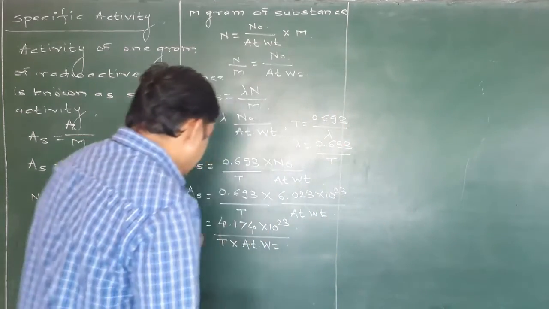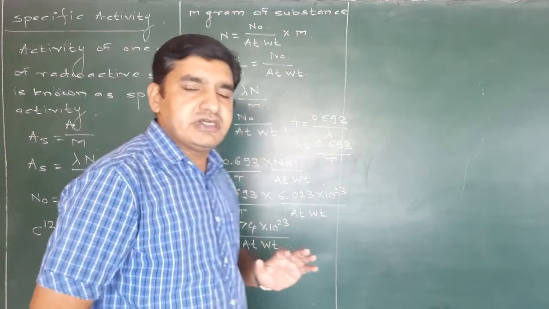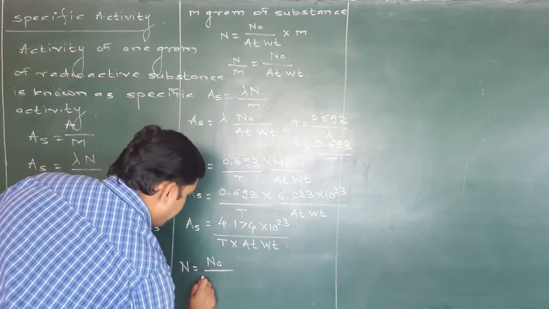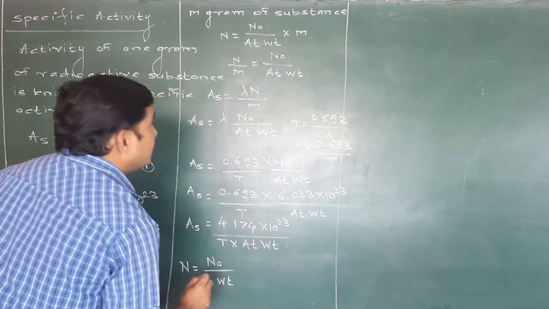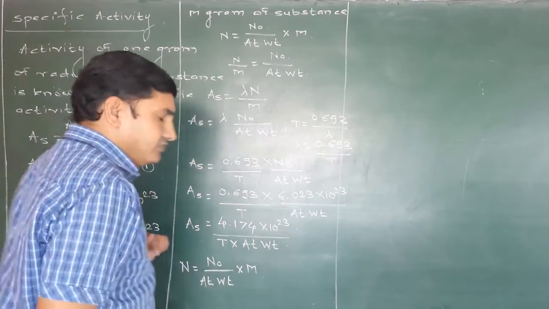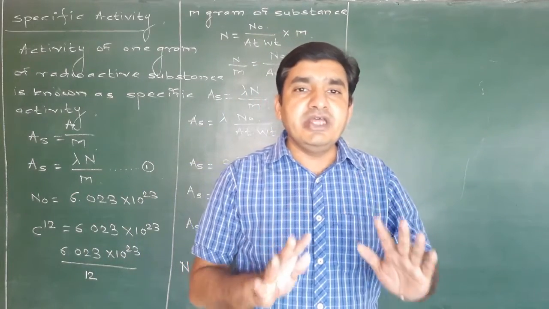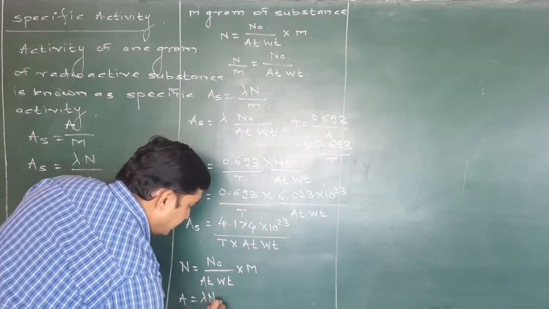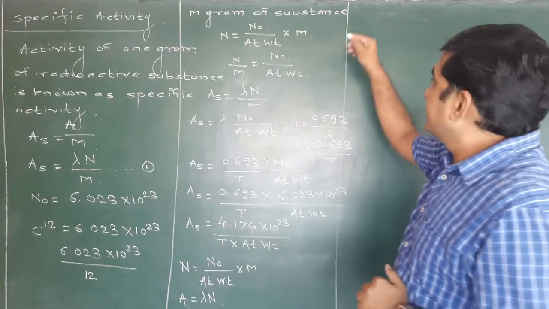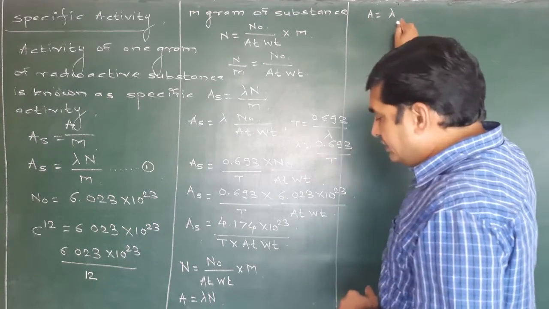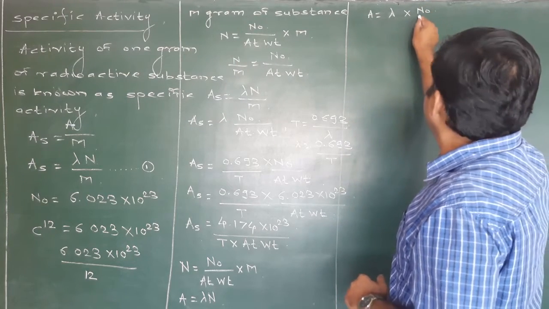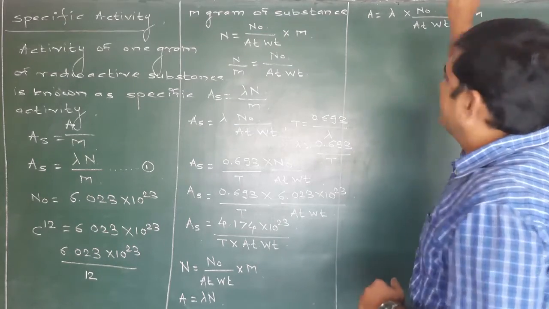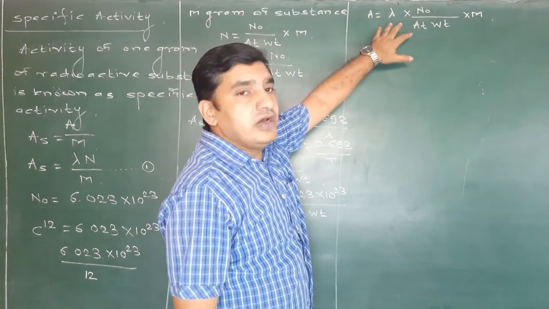Again, we know that the number of radioactive atoms in m gram of a substance is N is equal to N0 divided by atomic weight into capital M. But activity A is equal to lambda into N, and therefore activity A is equal to lambda into N, where N means N0 divided by atomic weight into M. So this is the formula for activity.